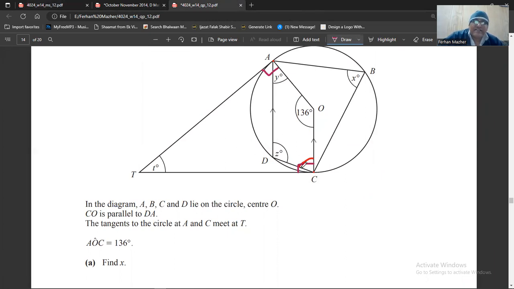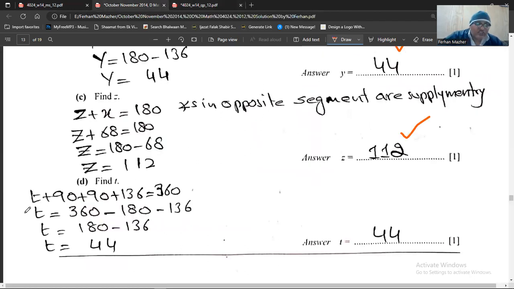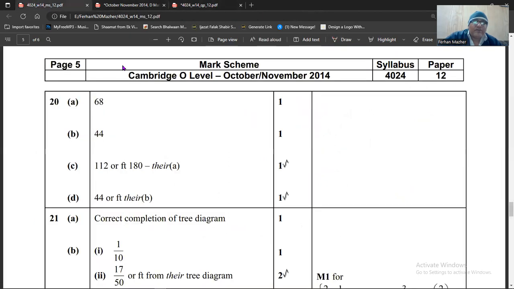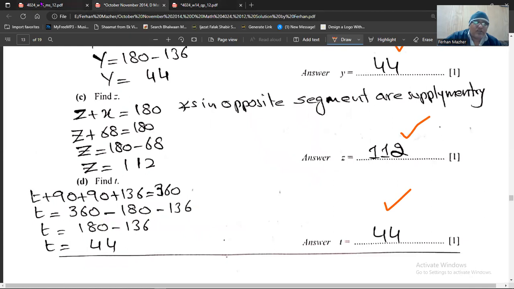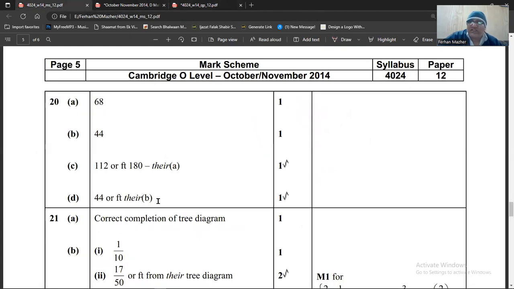So 90 plus 90 plus 136 plus t is 360. So t will be 360 minus 180 minus 136. T will be 180 minus 136, that's 44. Sorry, I said 144. It's 44. The t value will be 44.